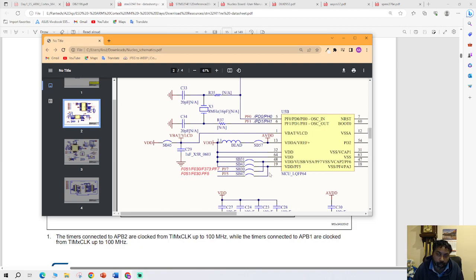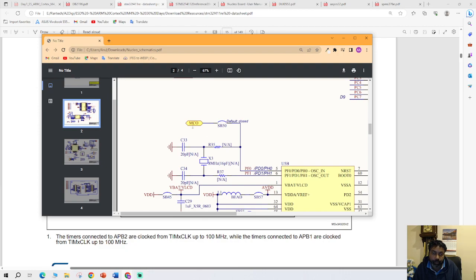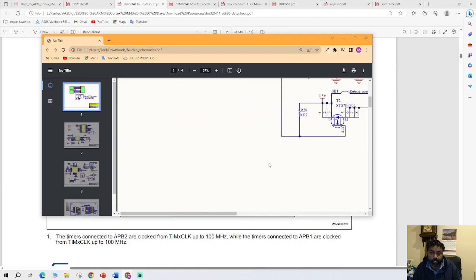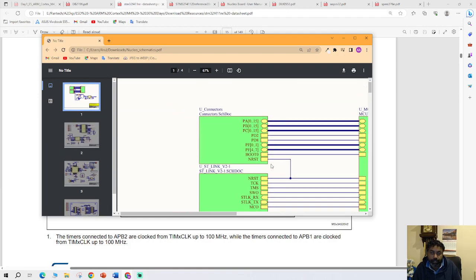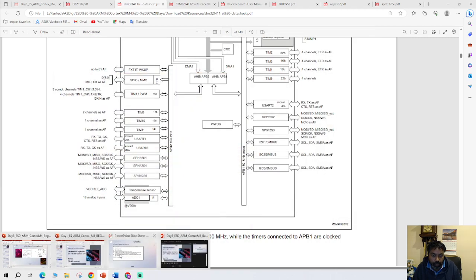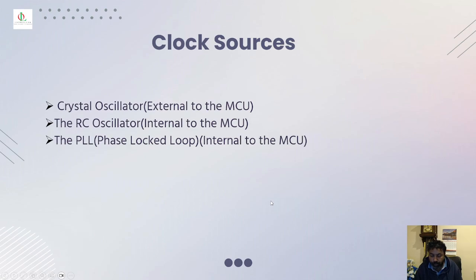The STM Nucleo board has its own circuitry from which you get the clock from the MCO, which is another circuitry, and that's where the main clock comes from. So this is about the schematics. Let's go into here.